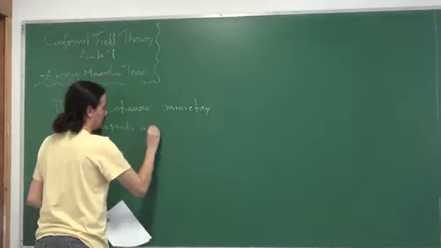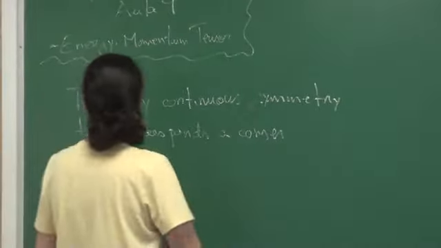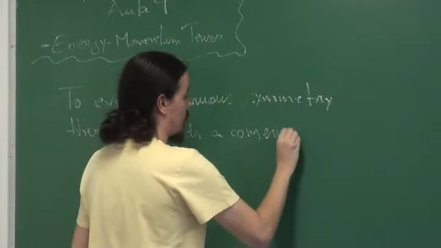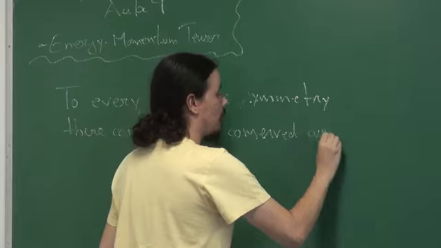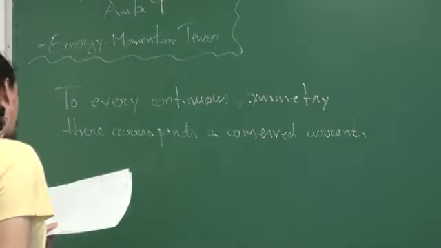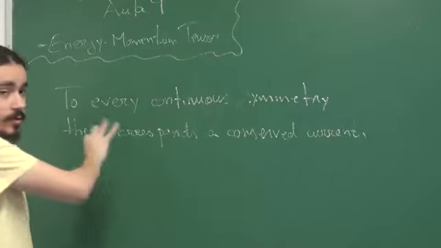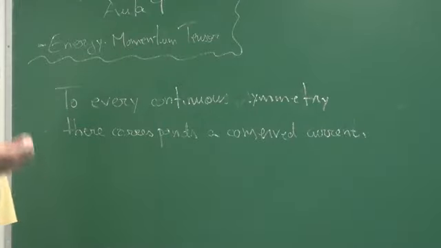So it's just a statement that to every continuous symmetry in your action, there will be a conserved current associated with it, and a conserved charge. I'm not gonna rederive the theorem. I'm just gonna state the results for continuous space-time symmetries.